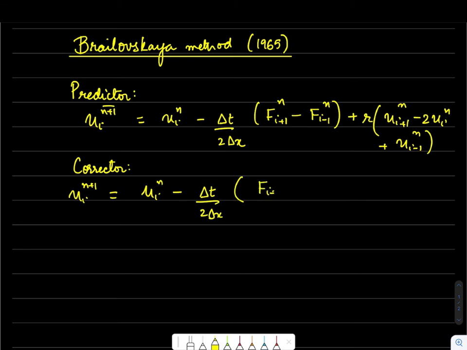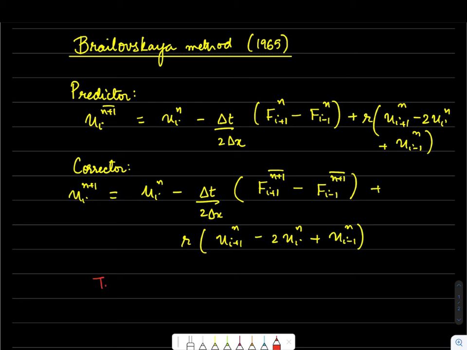Now this time the flux is computed using values at n+1 bar, plus r times (u_{i+1}^n minus 2 u_i^n plus u_{i-1}^n). This scheme has a truncation error which is of order delta t, delta x square.